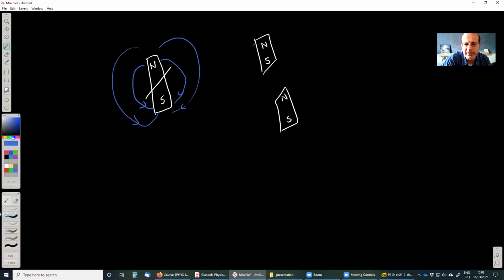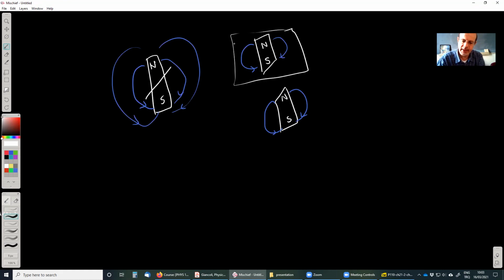And so as a result, the magnetic field lines would be something like that, okay? By breaking a magnet, you cannot separate the north and south poles, because somehow new poles appear. So apparently every magnet has a north pole and a south pole located somewhere on the magnet.